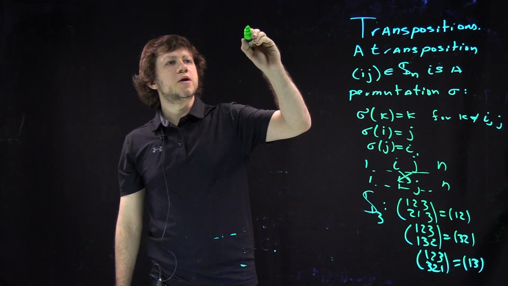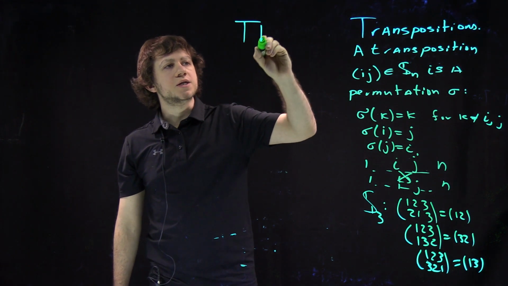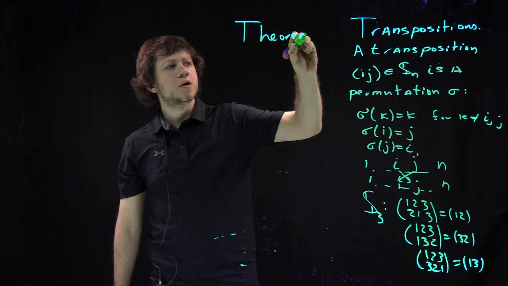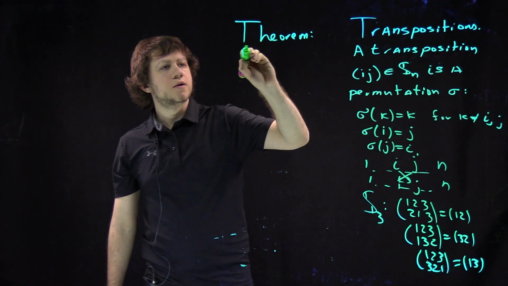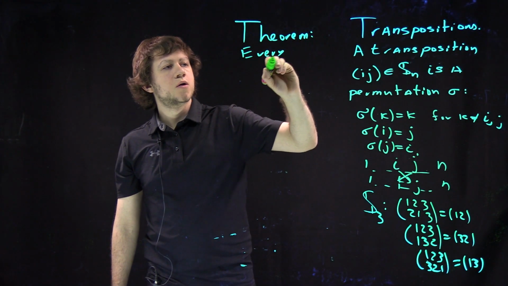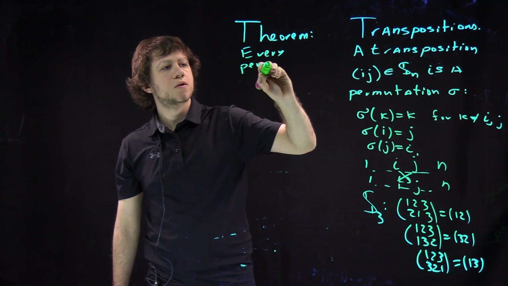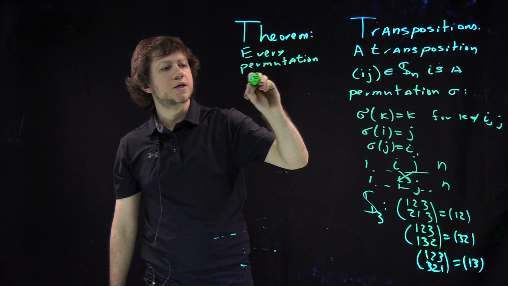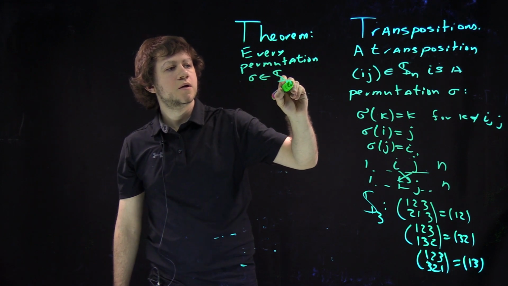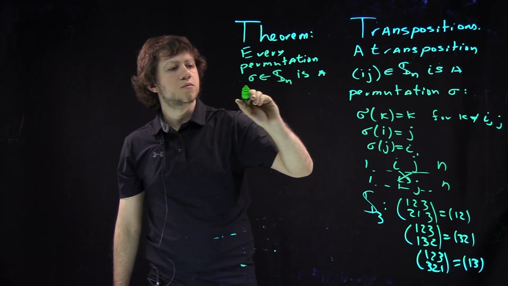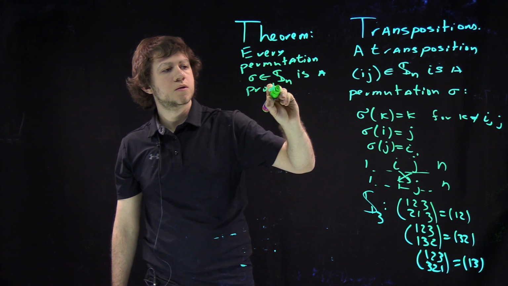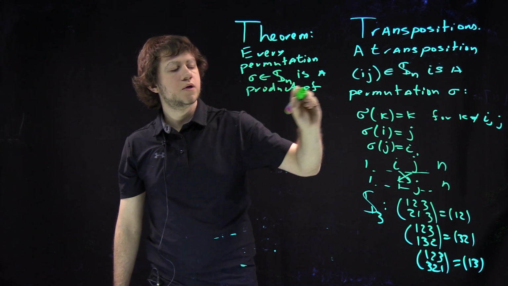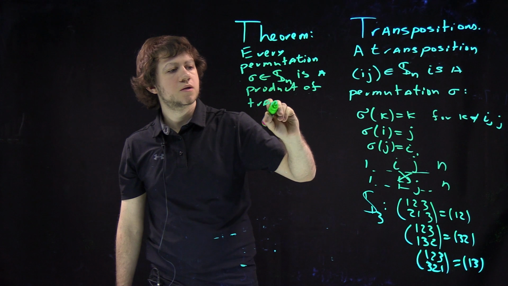So here is a very important theorem, which is easy but important. Every permutation sigma in S_n is a product of transpositions.